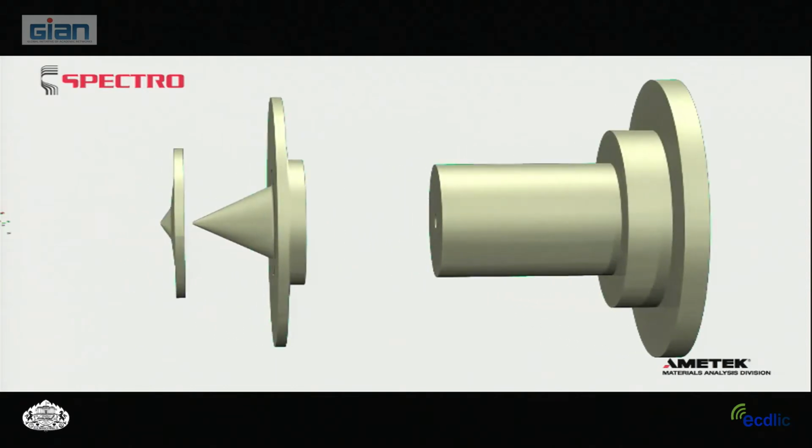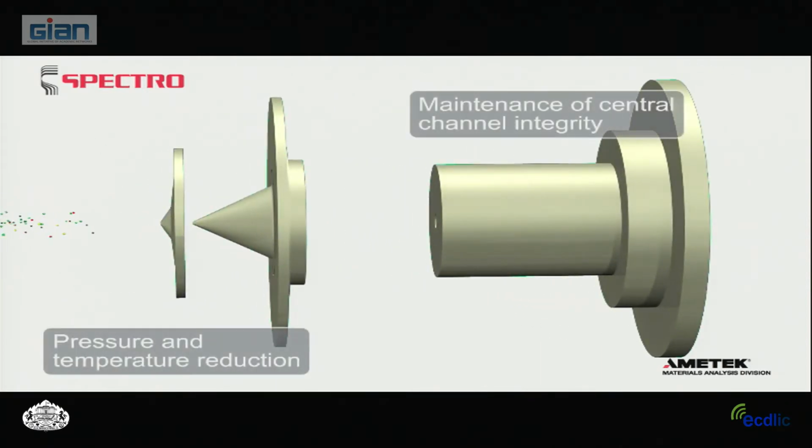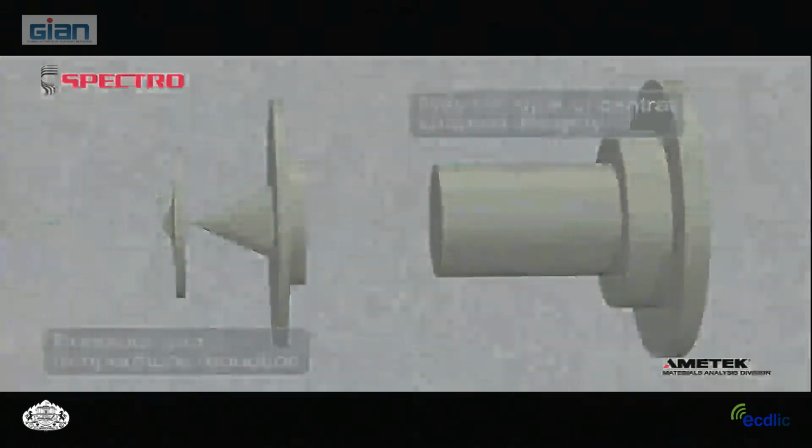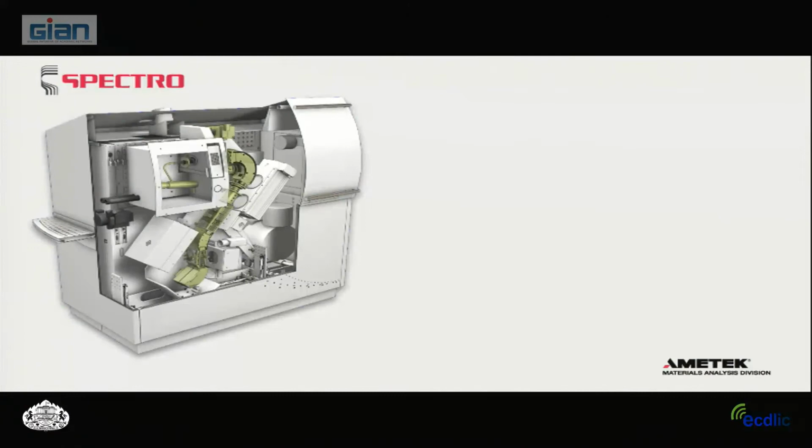These things can get very dirty because all the signal is flowing here. So we change them very often. Then it can be nickel, platinum, etc., etc.